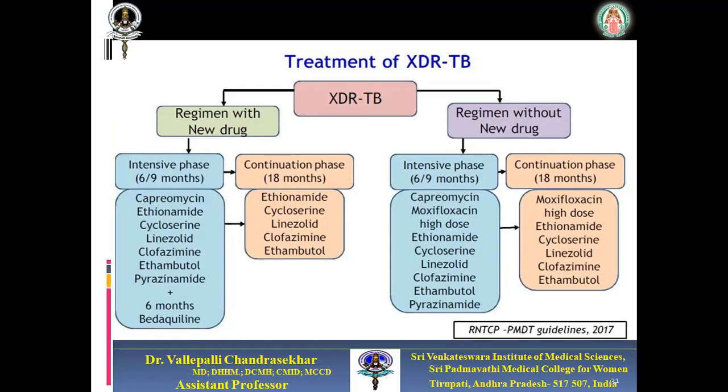In the regimen without new drug, we are giving both capreomycin and high dose moxifloxacin in the intensive phase of 6 to 9 months. In the continuation phase, we are adding high dose moxifloxacin. The remaining will be the same. You have to remember these charts when you get a question like XDR TB treatment. You have to draw this simple diagram. This will fetch you good marks.